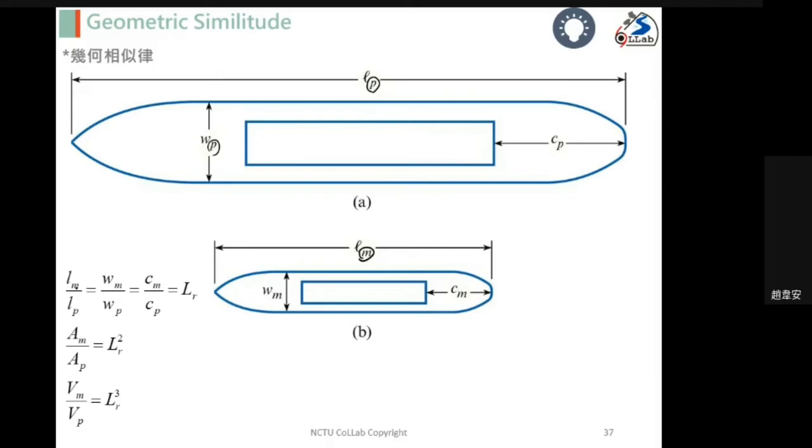As you can see, we just keep the ratio between the model and the prototype for the length. We need to keep the ratio. Then we have the following area ratio, and the volume ratio is directly proportional to the length ratio L_R. Here we just keep the length ratio between the prototype and the model, and then we can easily satisfy the geometric similitude.